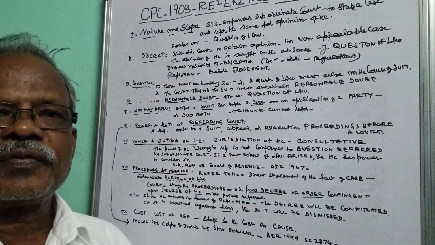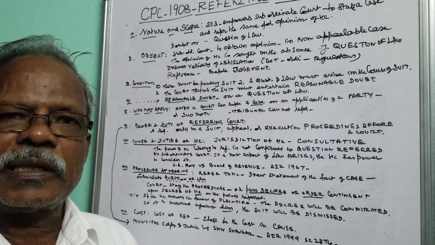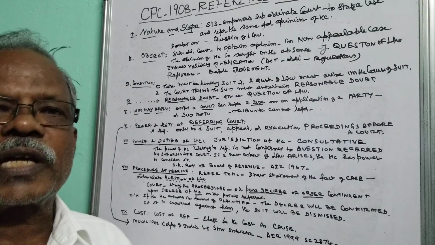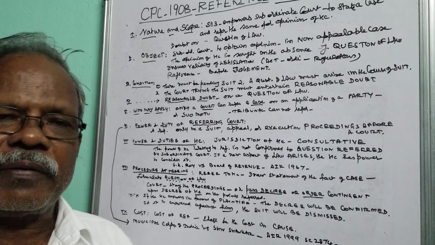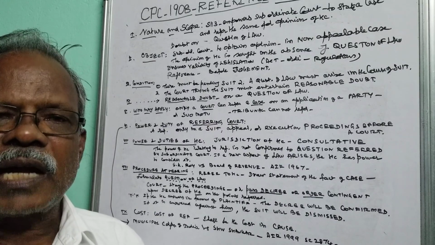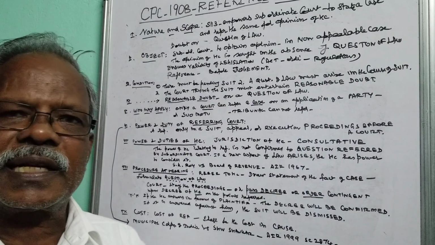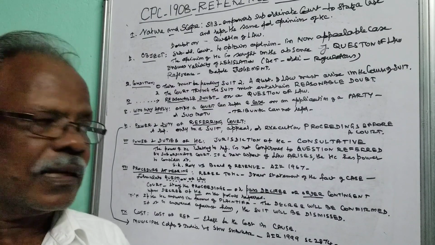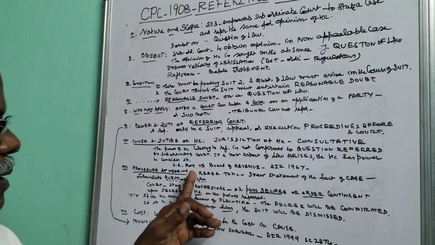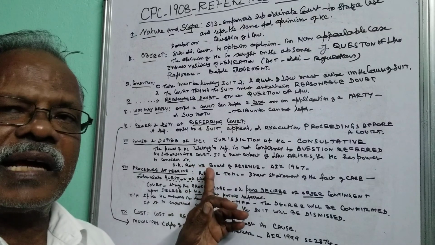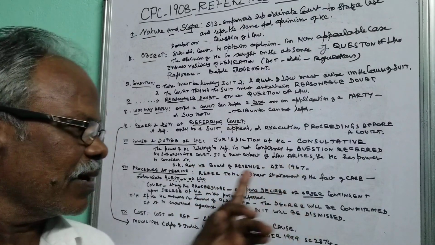So if a new problem arises in the particular case, that also can be taken up by the High Court, not only on the question of law, but also any other matter that arises. The case study is S.K. Rai versus Board of Revenue, All India Report 1967.